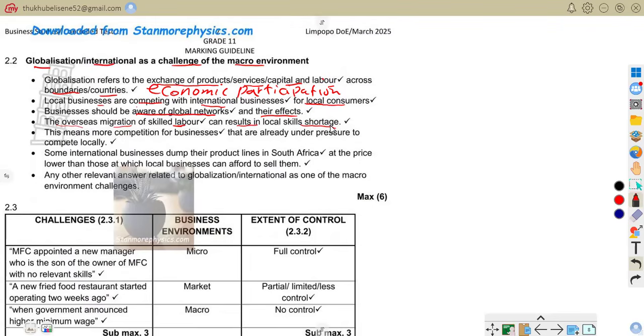Here we are talking about skilled labor migrating overseas.